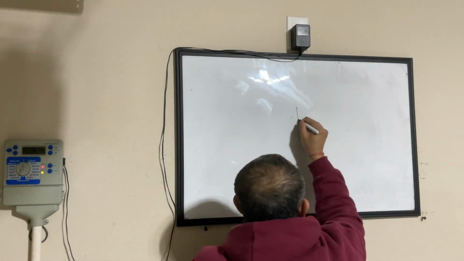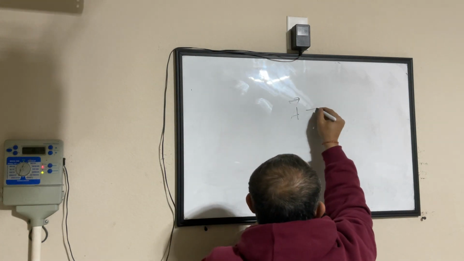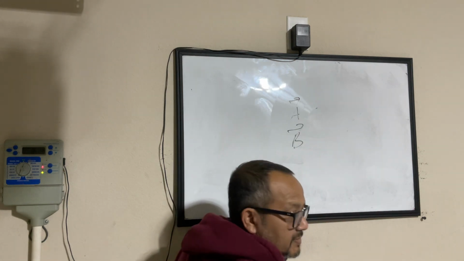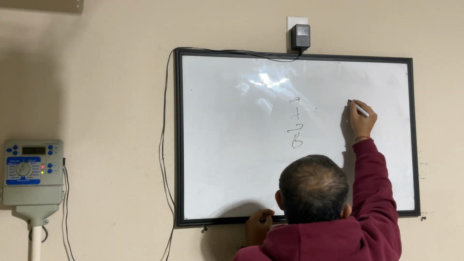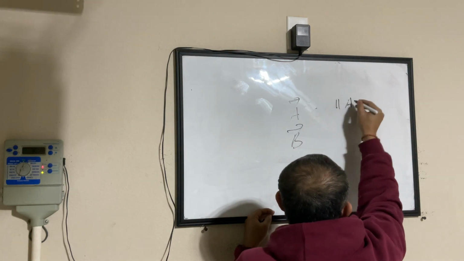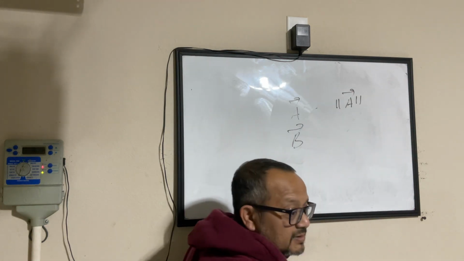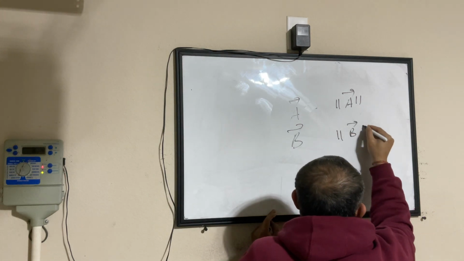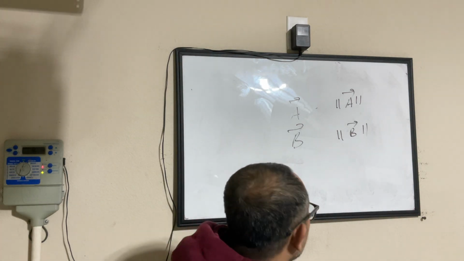If I give you guys a scenario where I have vector A and vector B, the magnitude of vector A will be this, the magnitude of vector B will be this.